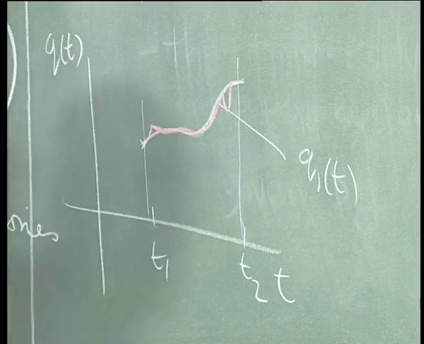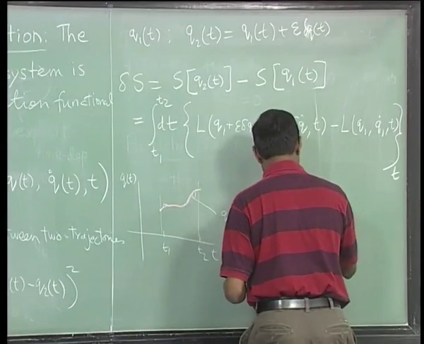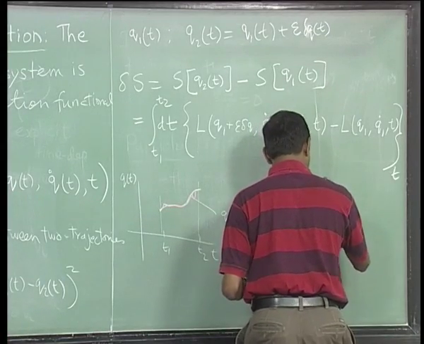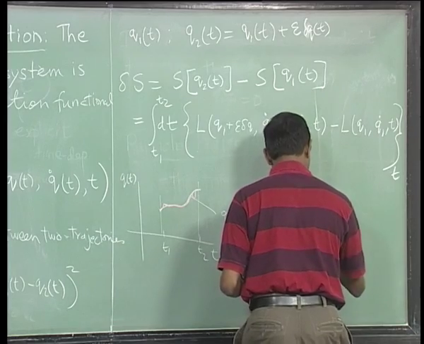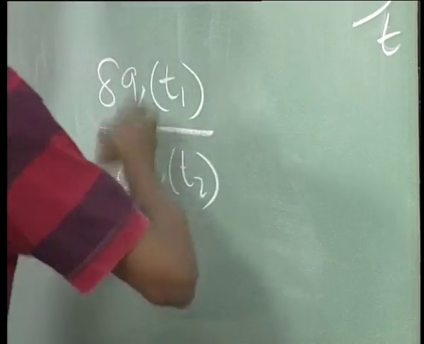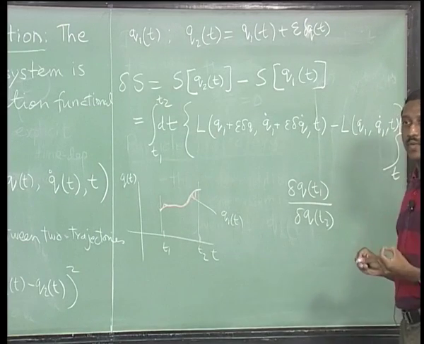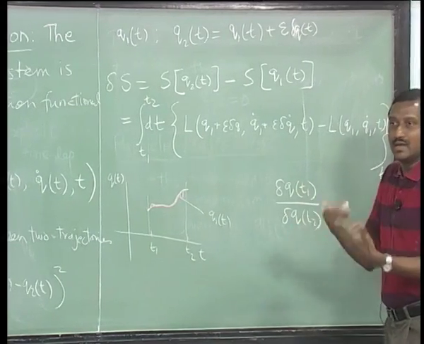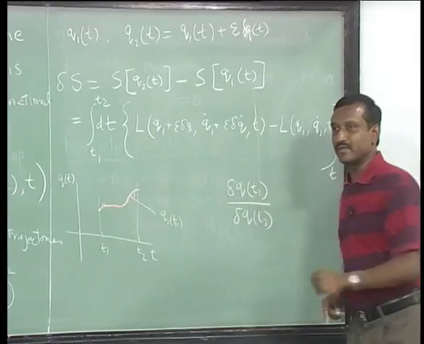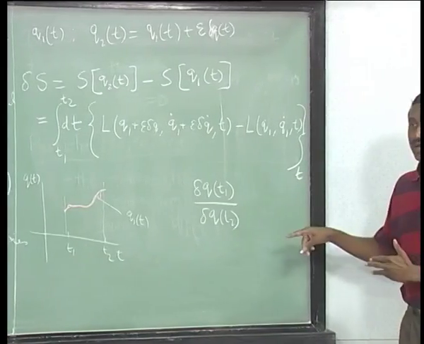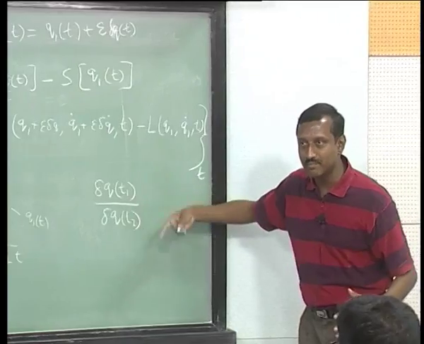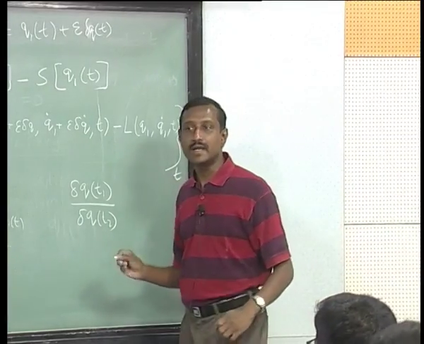Okay, and the mathematical way to state that is that delta q of t1 and delta q of t2 are independent of each other, and except when they are the same it will be 1. This is when you are discrete it would be 1, but when you are in the continuum you would replace it by the Dirac delta function.